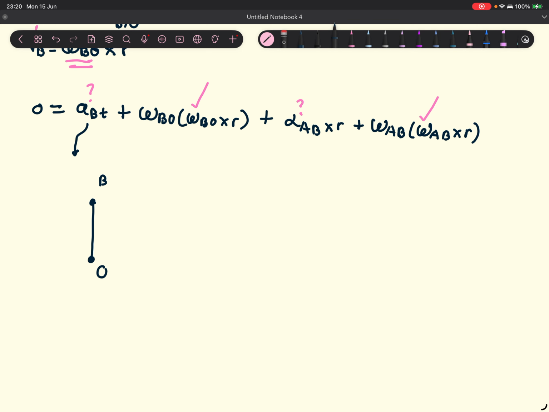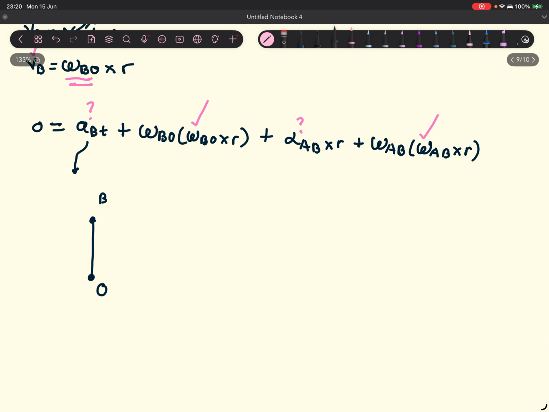So if we look at OP, and we know that this thing has some sort of alpha in this direction, then the tangential acceleration would be like that, and then the normal acceleration would be like that.